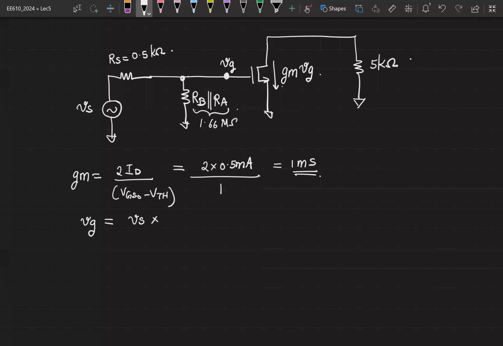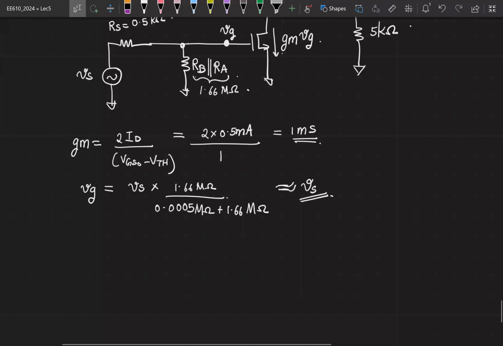Roughly 1.66 mega ohm. So this is 1.66 mega ohms divided by, let me write this RS in mega ohm. How do I represent this? 0.0005 mega ohm plus 1.66 mega ohm, right? What is a very reasonable approximation you can make? You can ignore RS compared to RA parallel RB. Therefore, this is almost equal to Vs.